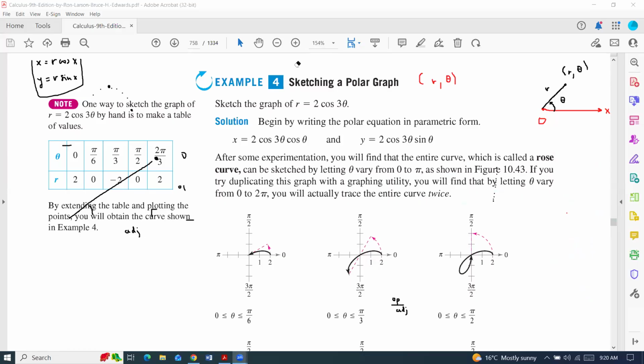So if you have the graph here with polar coordinates, r is equal to cosine of 3 theta, it turns out the process is pretty standard.